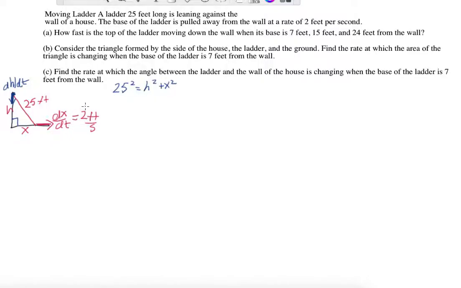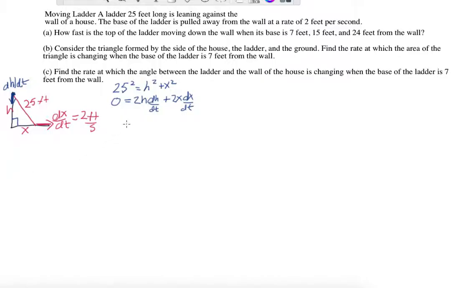And to get the rates, we're going to take the derivative with respect to time, and that's a rate. So both h and x are changing with respect to time, and so when I take the derivative, I'll get 0 equals 2h dh dt, because again we took the derivative with respect to time, plus 2x dx dt.